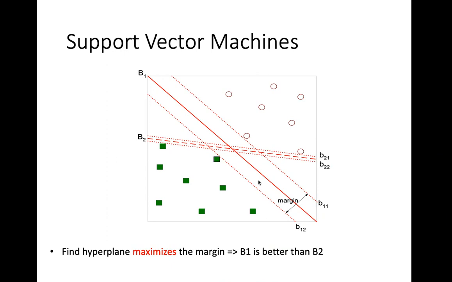Basically, we want to get the maximum distance, a perpendicular distance from the boundary hyperplane to the nearest set of points, which is on the margin. Those are the marginal points, and with respect to the marginal points, we want to maximize the distance.